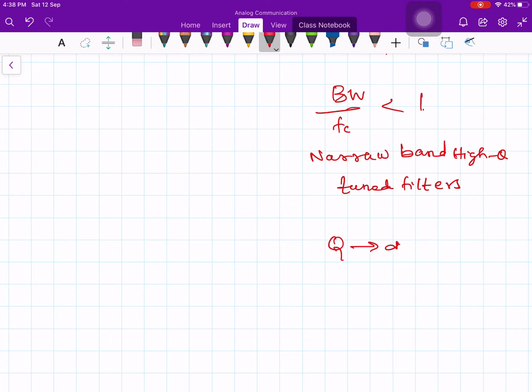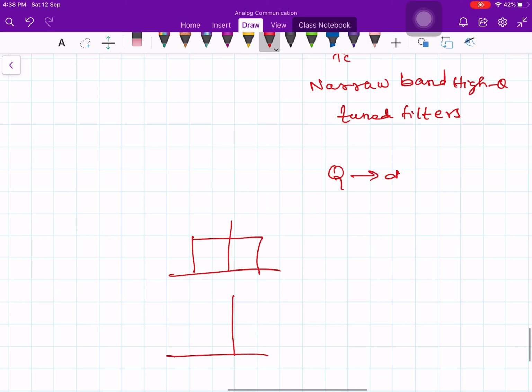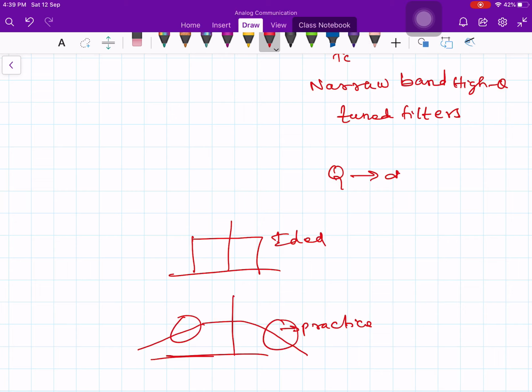It will not be an ideal low pass filter or ideal band pass filter. So you require a suitable Q value, otherwise you cannot realize it. Generally for communication we need very sharp cutoff filters. When I say low pass filter, it should be like this, but in practice the low pass filter will be like this. This is practice, this one is ideal. So this kind of thing I don't want.